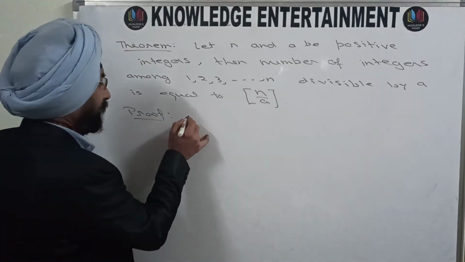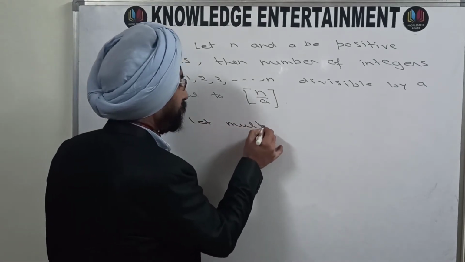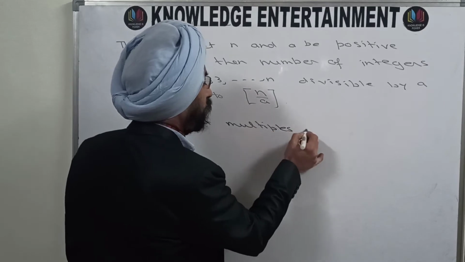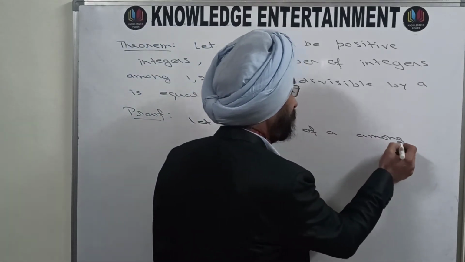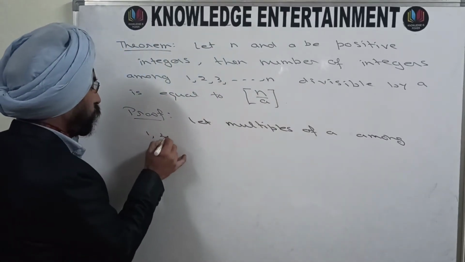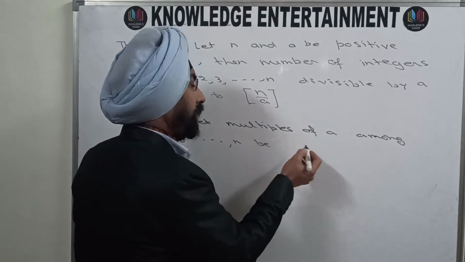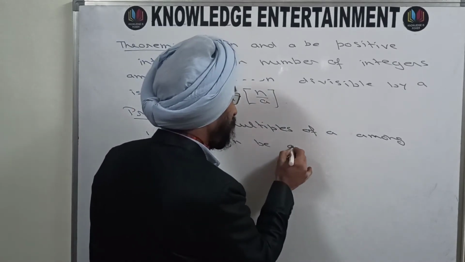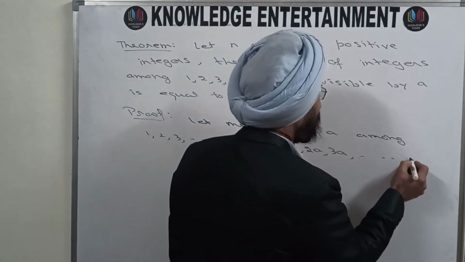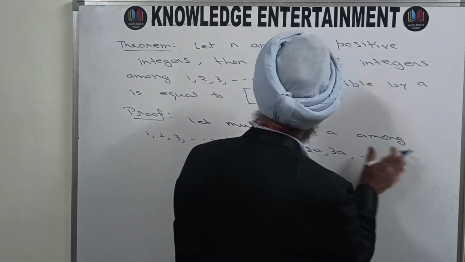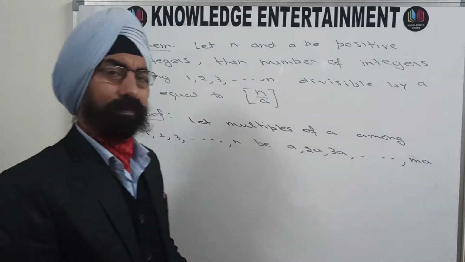Let multiples of a among 1, 2, 3 and so on n be. Now multiples of a are definitely of the type a, 2a, 3a, and let the last multiple among these numbers be ma.